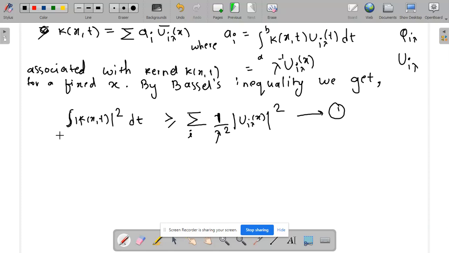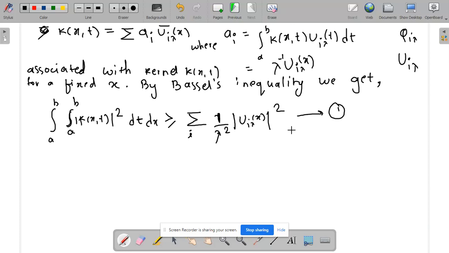So this is the equation. Then again integrating with respect to x, what we will get is the integral from a to b, then dx. I'm making the change in this equation itself. So integrating with respect to x, it will be the integral from a to b, then dx.